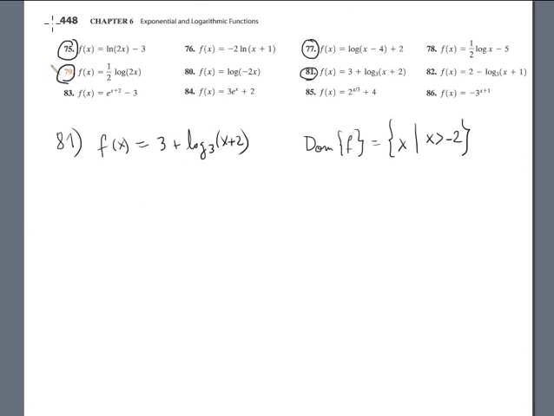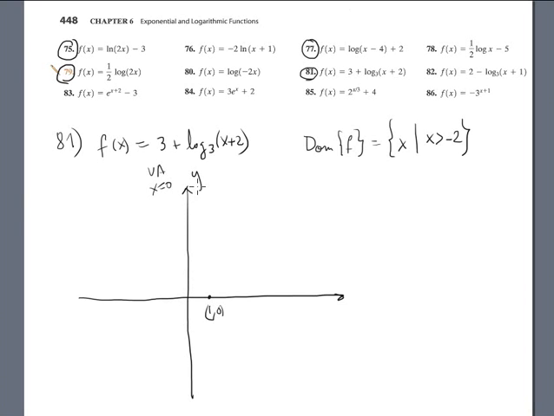Okay, now the graph. It looks like that. I suppose this is the logarithmic function. This is the point (1,0). This is the vertical asymptote, x equals 0, on the y-axis.